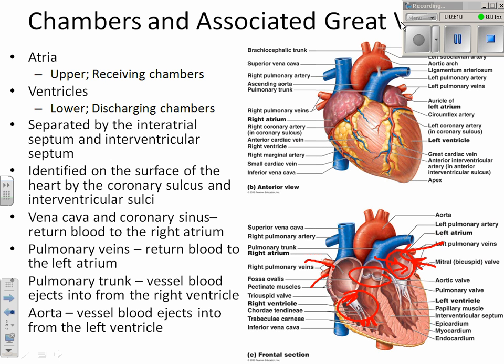But now they're red because why? They're pumping oxygenated blood back into the body, oxygen-rich blood. So as everything enters into the right atria, then you have contraction, and that blood will move into the right ventricle. And what do you notice about the right ventricle?